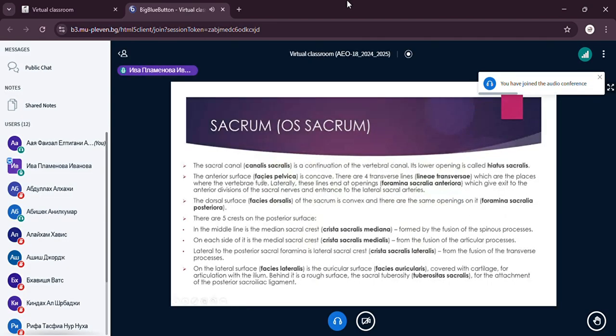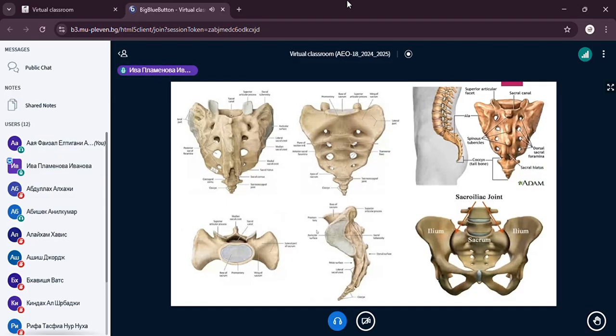What else? I told you that the sacral canal is a continuation of the vertebral canal. Its lower opening is called hiatus sacralis. From the lateral view, we have the lateral surface also with the auricular surface here for articulation with the ilium. And the joint between them is called the sacroiliac joint.